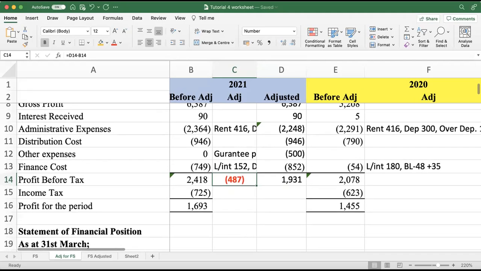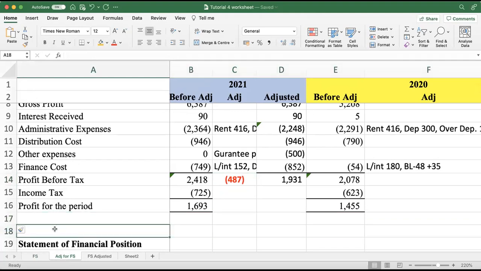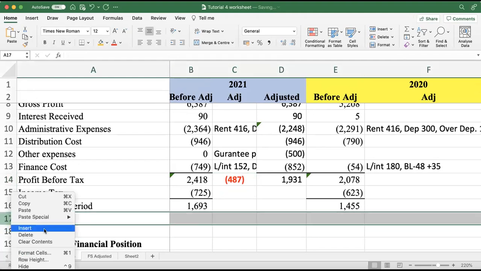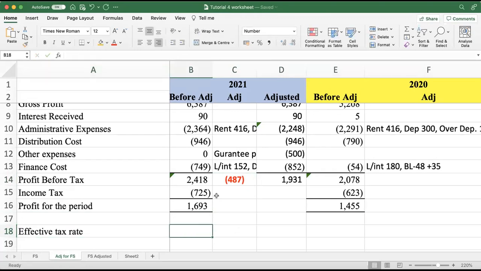Now you can calculate the tax effect. You can remember we studied last time how to get the tax effect. You calculate the effective tax rate.